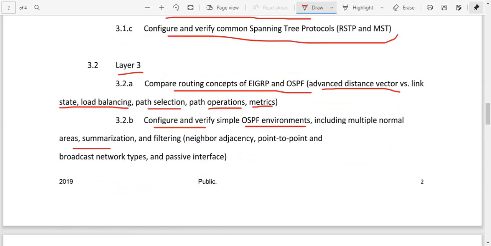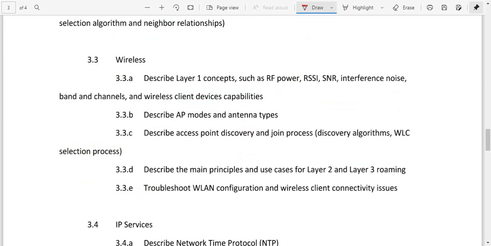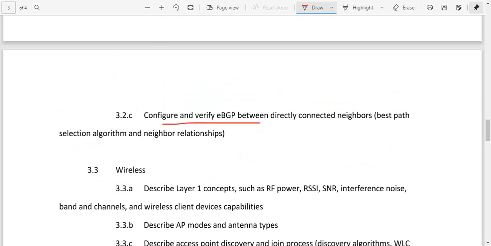How do you summarize areas, filtering, neighbor adjacency, point to point network types, and passive interface? So that's EBGP between different connected neighbors, best path selection algorithm, and neighbor relationship.